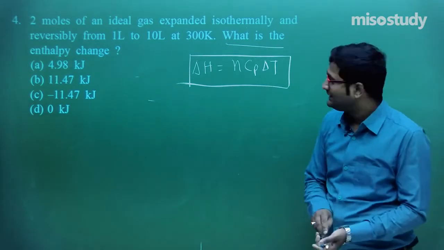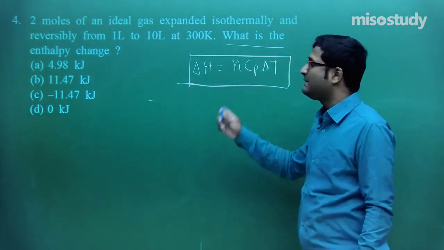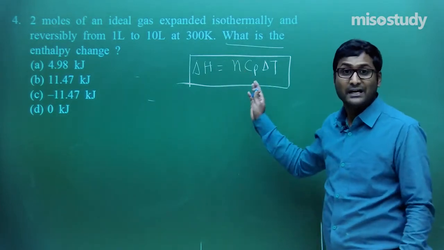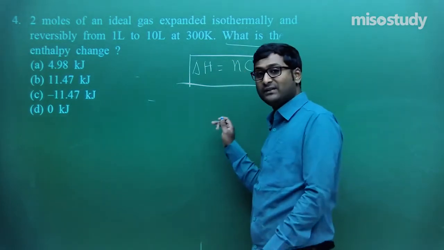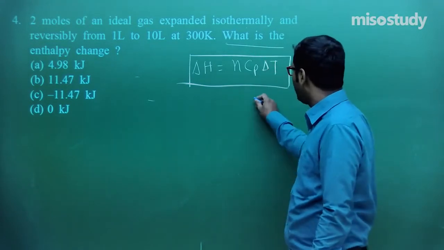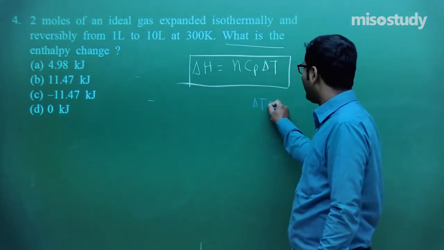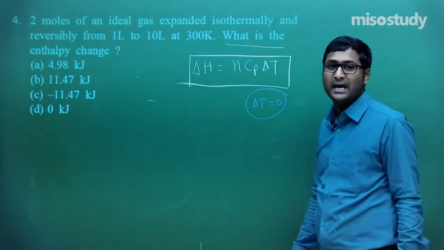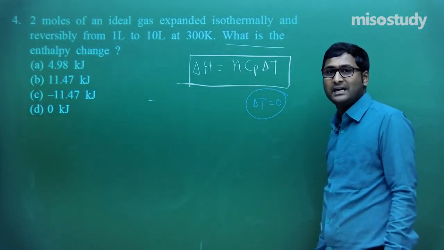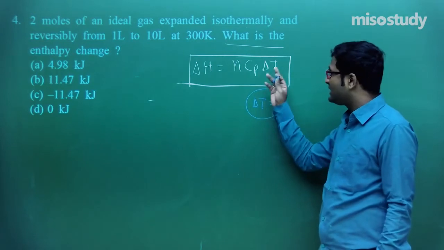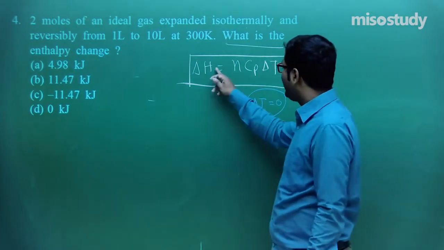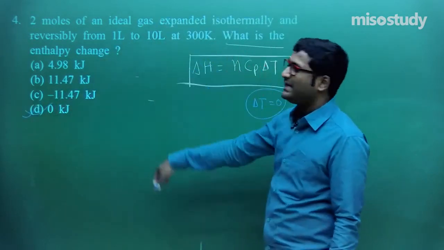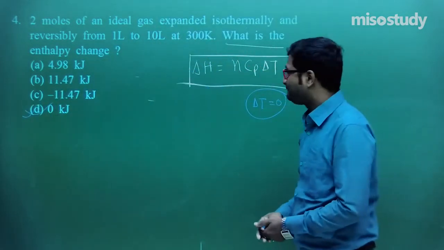Clear? What is the process? Sir, this is an isothermal process. If there is an isothermal process, then delta T is equal to 0. Put this value here. What will happen in this case? Tell me. If we put this value here, then delta H will be equal to 0.